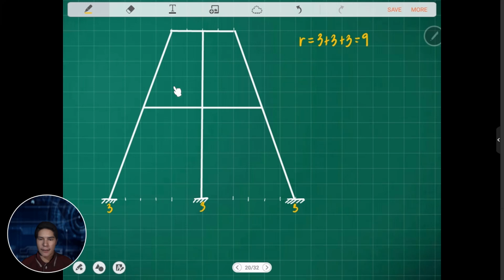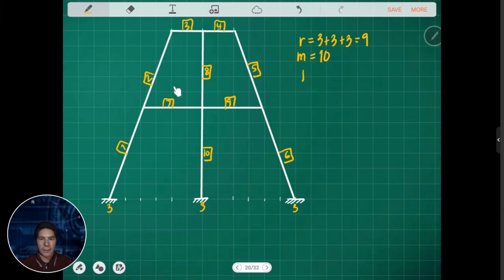And then we have the number of members. So we count, we have 1, 2, 3, 4, 5, 6, 7, 8, 9, and 10. So we have 10 members.